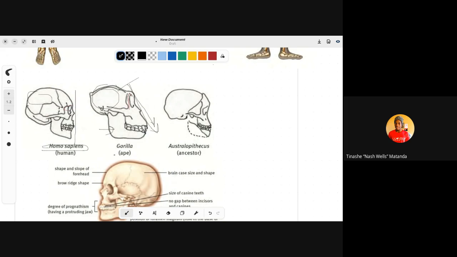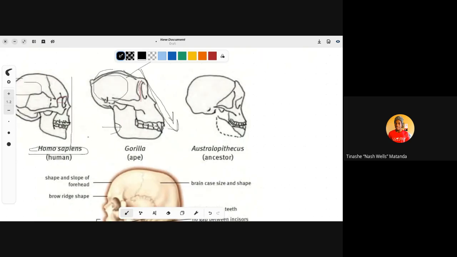And then you'll also look at the teeth. When you look at the teeth, that's a difference. These guys have very huge and sharp canines. But human beings, come on, we just have vampire teeth. We don't have to do much with those ones. And the molars, the teeth they use to grind at the back, are flat.